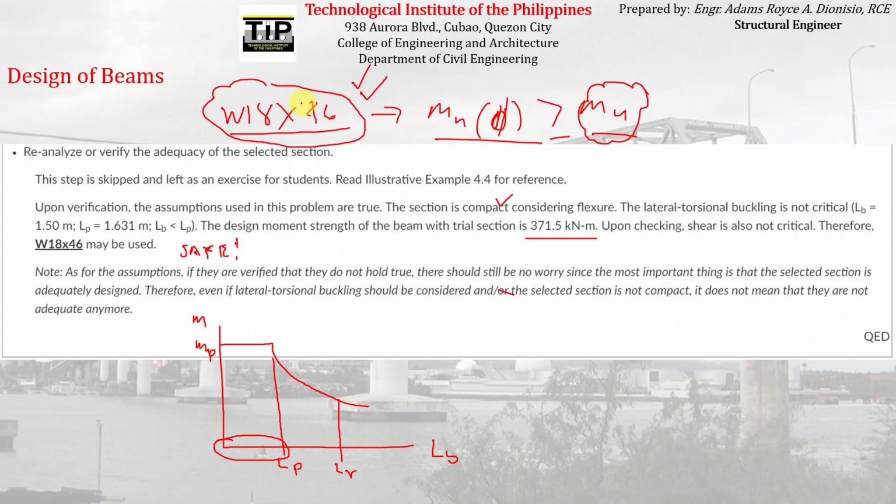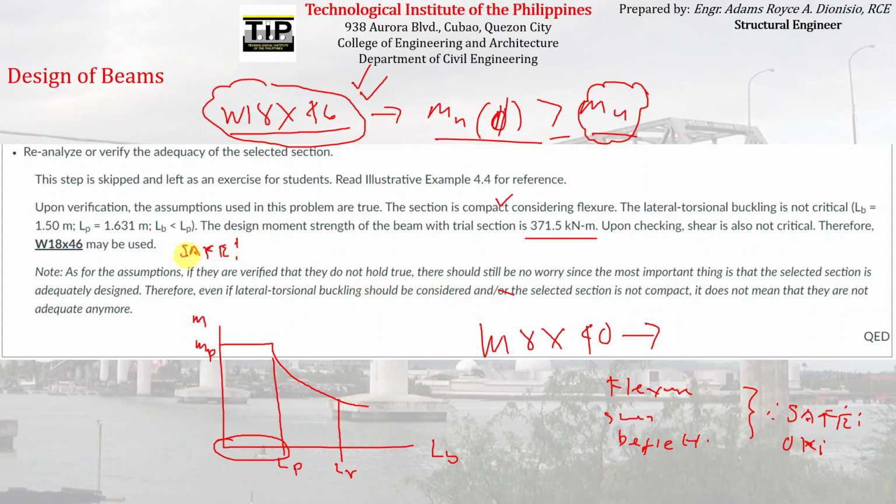Even if you have chosen a different steel section here, let's say for example a W18 by 40 only, as long as you can show that the flexure capacity as well as the shear and deflection limits are met, then we can accept your design as long as you can prove that your design is actually safe and okay.